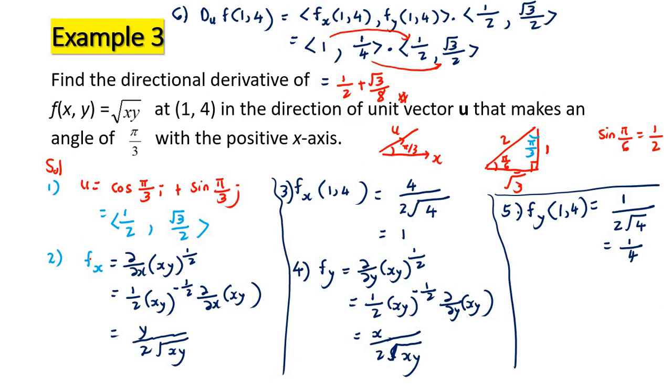Then you find fx and evaluate it at (1, 4), find fy and evaluate it at (1, 4). The directional derivative will be fx(1, 4) i plus fy(1, 4) j dotted with half i plus root 3 over 2 j. The dot product result is a scalar: i component times i component plus j component times j component. So the answer is half plus root 3 over 8.